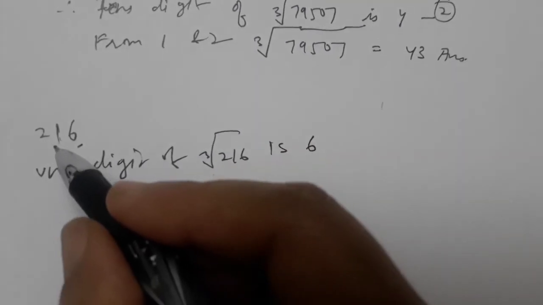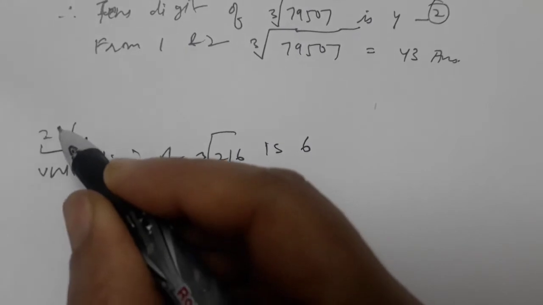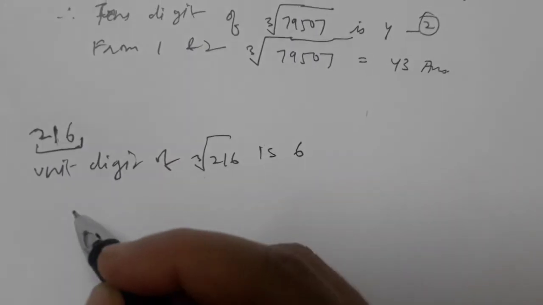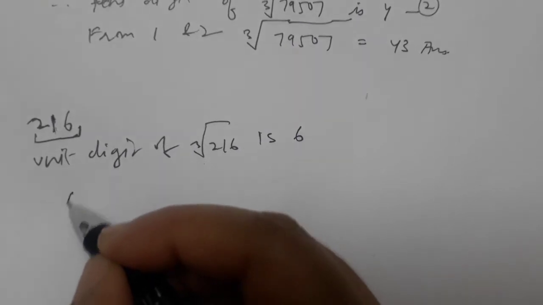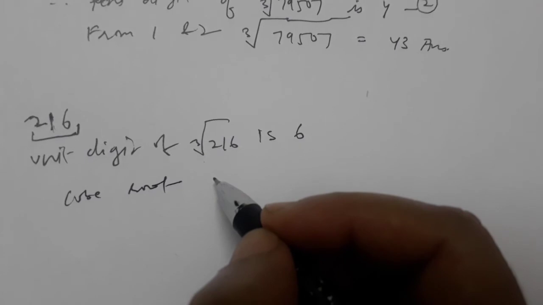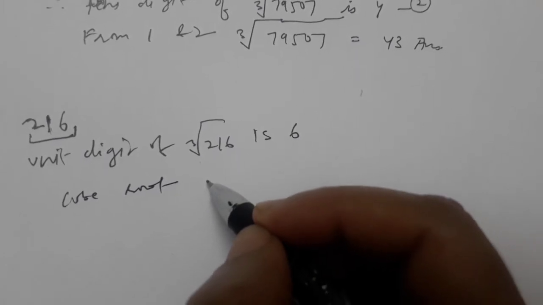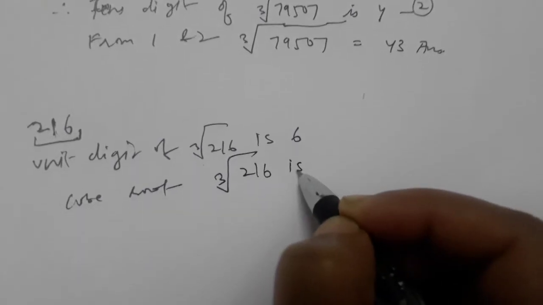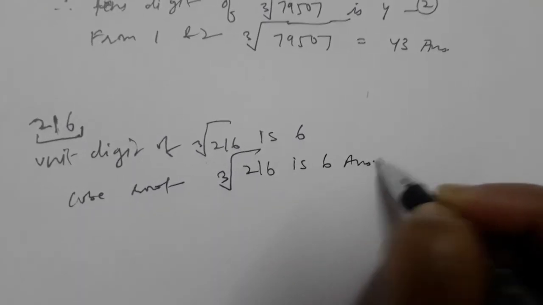And as we can see, only 3 digits are there, so we cannot strike out the number. So the cube root of 216 is 6 only, which is our answer.